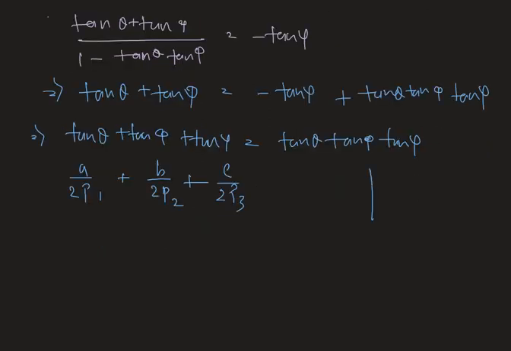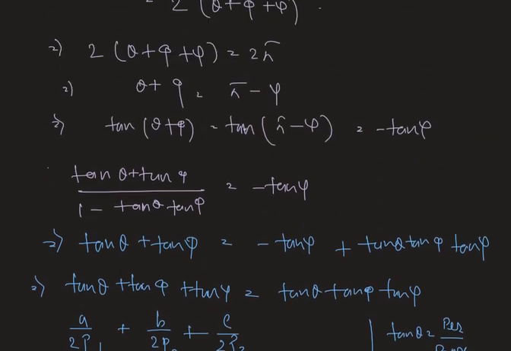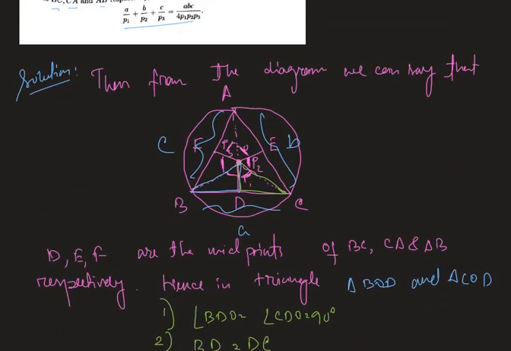As we know that tan theta is equal to perpendicular divided by base. Now in the triangle OBD, that is this triangle, the value of theta is angle BOD. Therefore tan theta is equal to BD by OD.